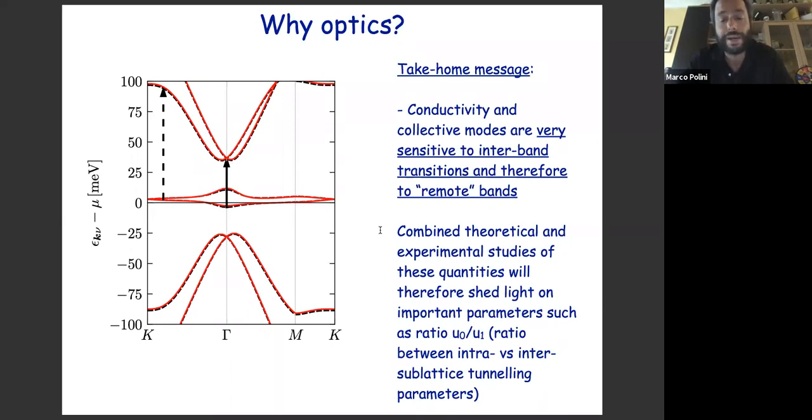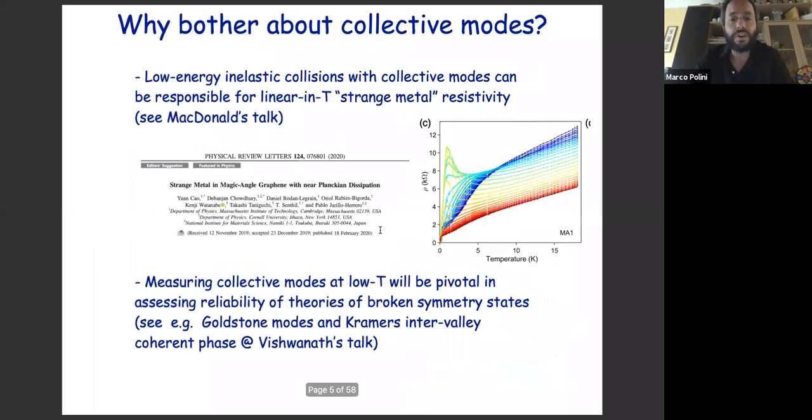And certainly this is a complementary technique, allowing you, for example, to extract parameters such as the ratio between the intra-sublattice tunneling parameter and the inter-BA sublattice tunneling parameter U1, and I can't do better than the other speakers in stressing how important those parameters are. So that's about far field optics.